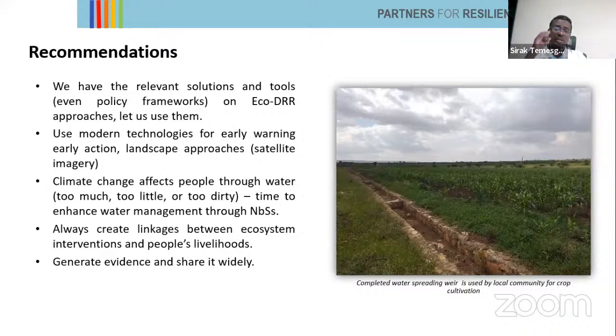Using modern technology for early warning, early action, like satellite imagery, we have also used some of that information to map and better understand risk at the landscape level. Climate change is also affecting water resources, so we promote how water is properly managed at the community level. And also creating linkage between ecosystem interventions and people's livelihoods. That will be a source of motivation.